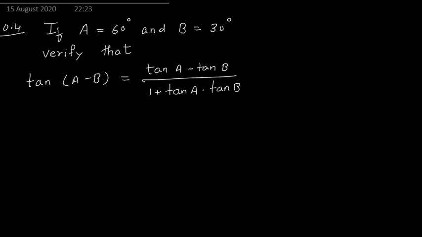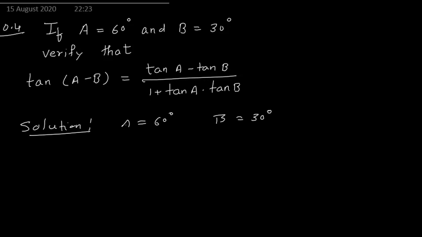If A is 60 degree and B is 30 degree, we have to verify tan A minus B. So in the same way, our solution, A is given 60 degree and B is given 30 degree.